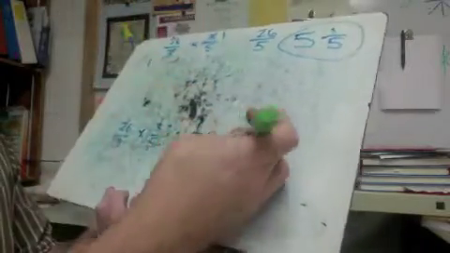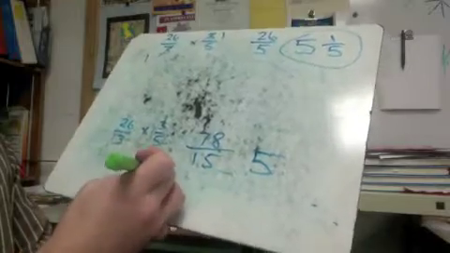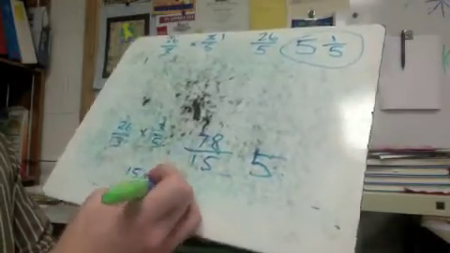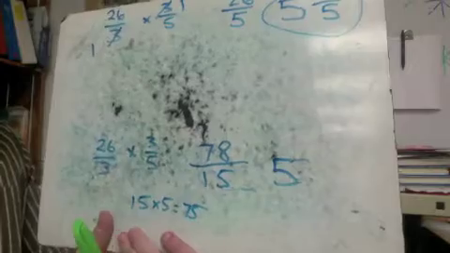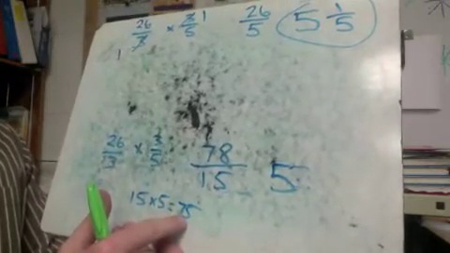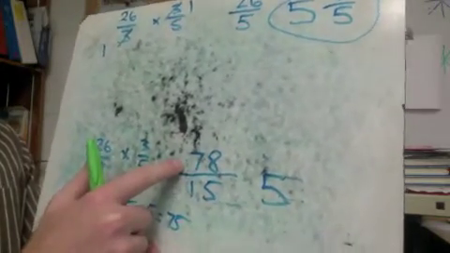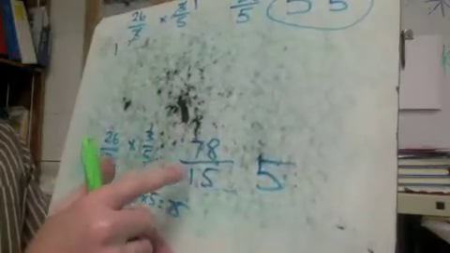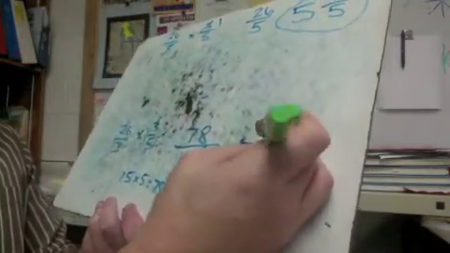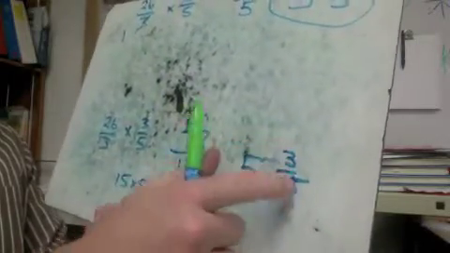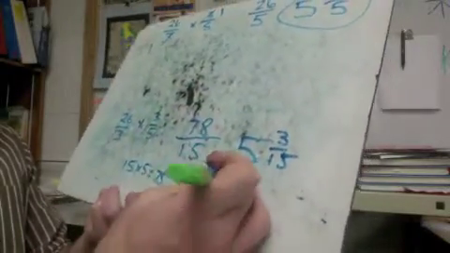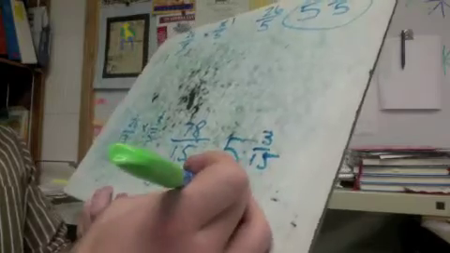So that would be 5 times. So I'll just put this down here just so you know. 15 times 5 is 75. So when we're going to figure out the leftover, here's 75, here's 78. That would be 3 left over. 3/15. And if I divide this down, 3 goes into both of those once. So we're going to have 5 1/5.